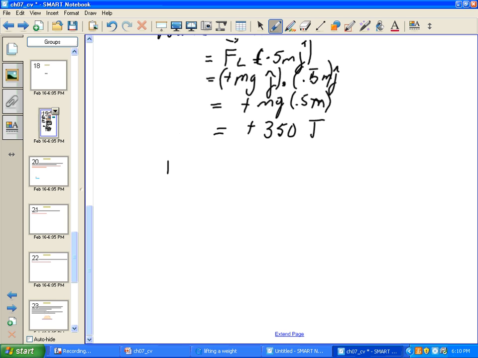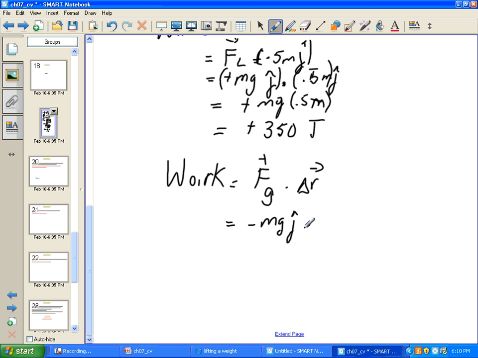On the other hand, the work done by the force of gravity, F sub g dotted with delta R, F sub g is equal to minus mg j hat, dotted with 0.5 meters, positive j hat, because it's upward.